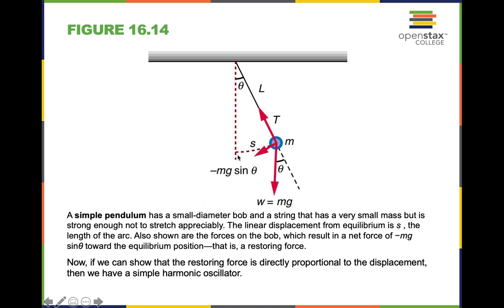So your negative mg sine theta would be the restoring force, because this is going in the same direction as the equilibrium position. Remember, if it oscillates like this, there's got to be that one point where it just kind of stops. Now, if we can show that the restoring force is directly proportional to the displacement, then we have a simple harmonic oscillator.